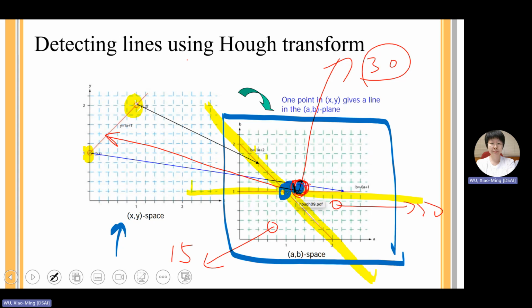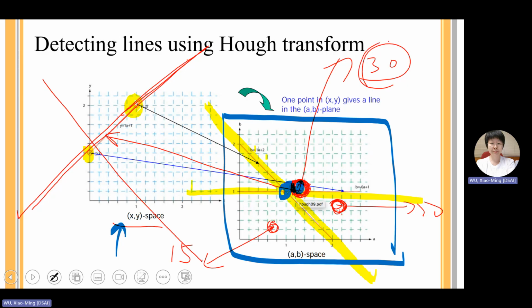So this indicates there's a straight line with these parameters. It corresponds to the parameters of a line in the original XY space. And similarly, the AB value here corresponds to another straight line in the XY space. So we just identify the cell with the most counts.